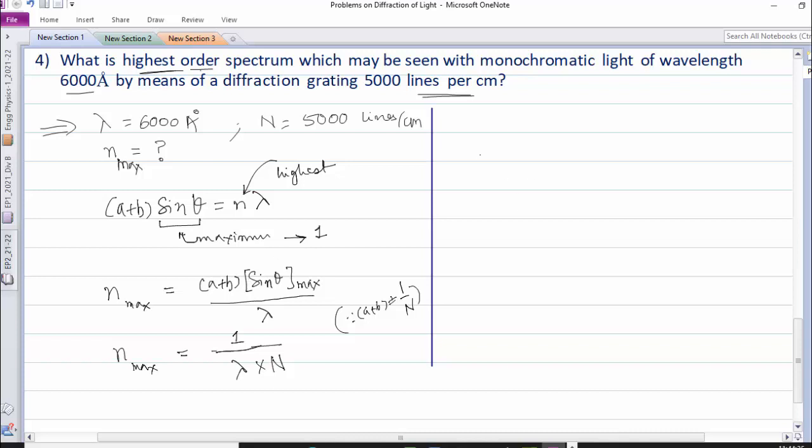Therefore now our formula has changed to 1 upon lambda N.